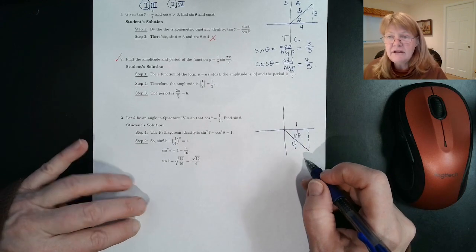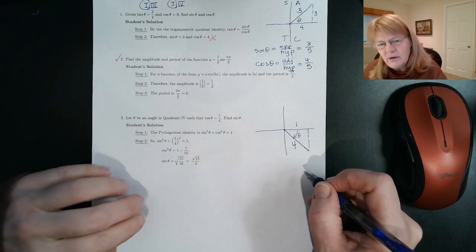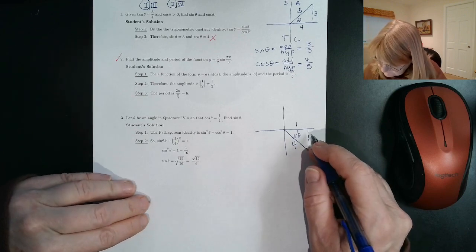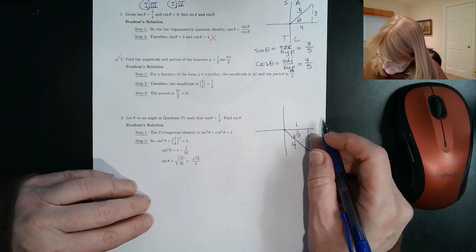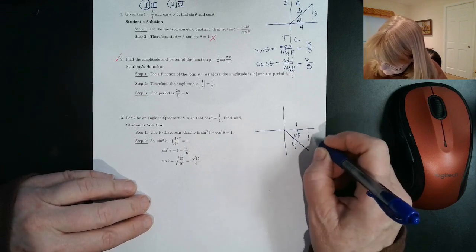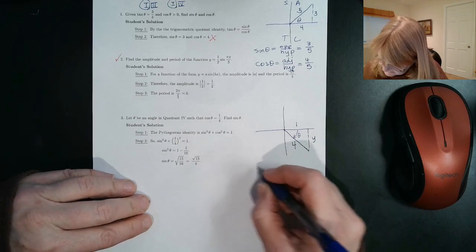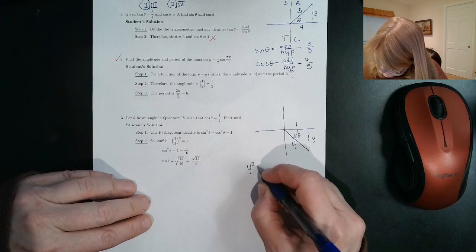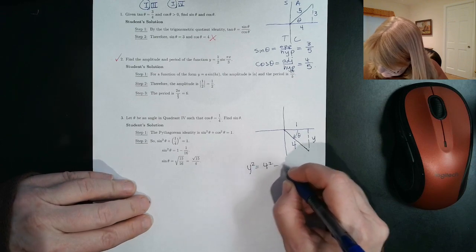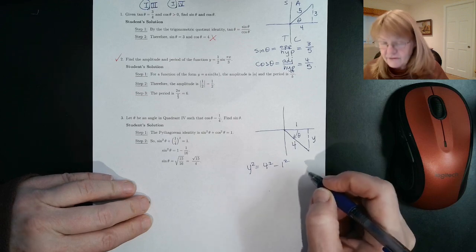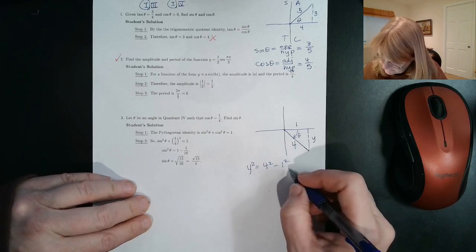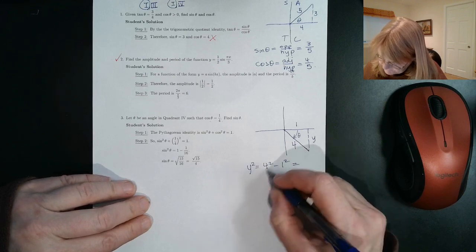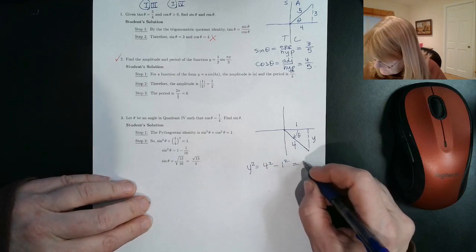We will need the length of that third side as well. So let's go ahead and calculate that. So the third side, which is the opposite side, let's call it y. We know that y squared is equal to 4 squared minus 1 squared. That's the Pythagorean formula. We can calculate 4 squared minus 1 squared is going to be 15.